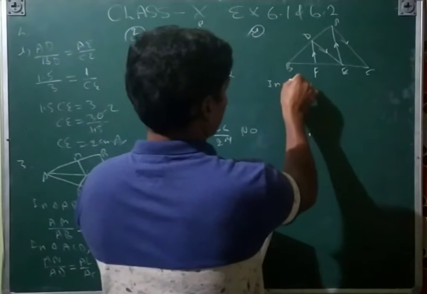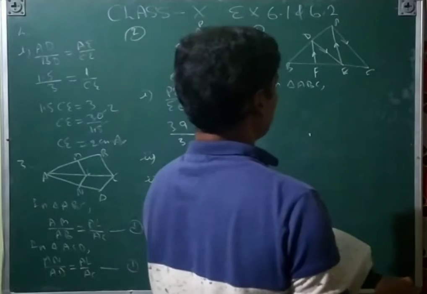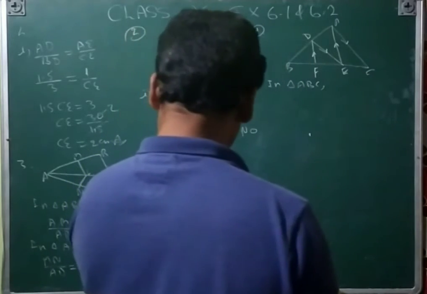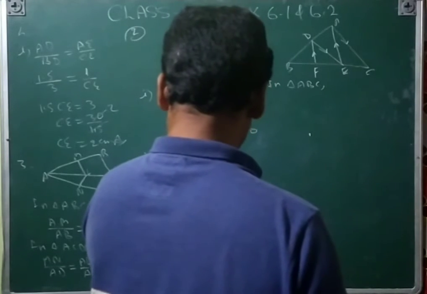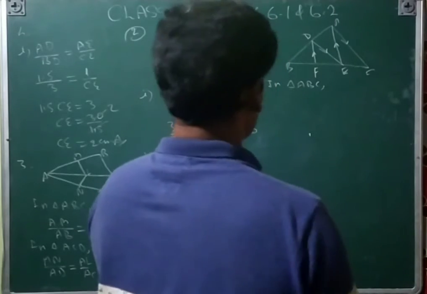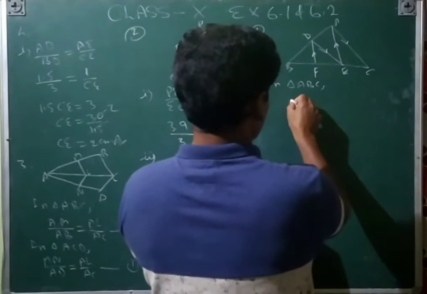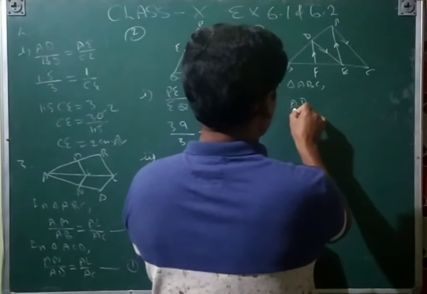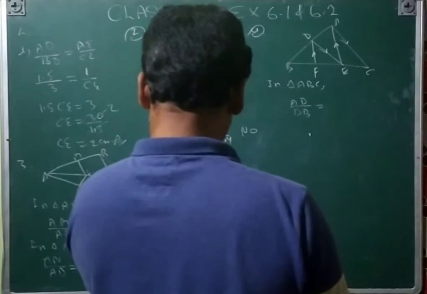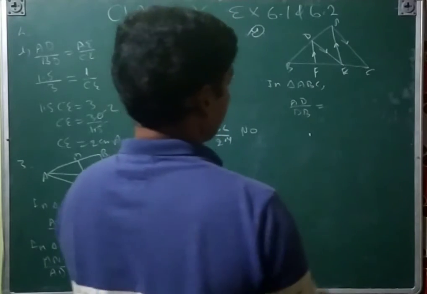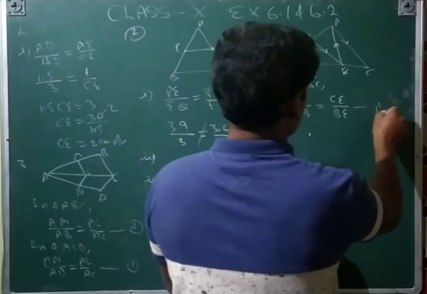In triangle ABC, AD upon DB is equal to CE upon BE. This is the first equation.